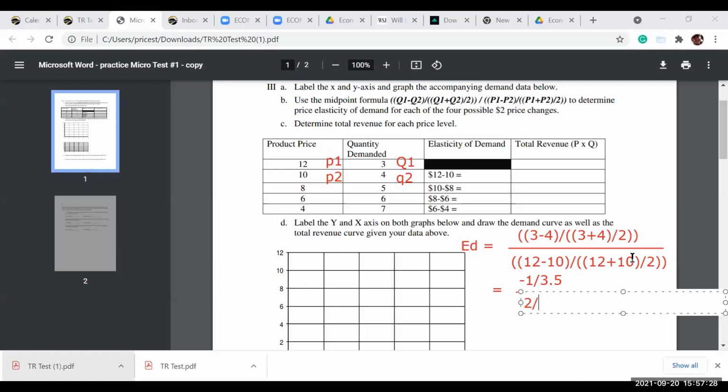So 22 divided by 2 is 11. Okay, so now do the division there to get our numerator and denominator. Use your cell phones, divide negative 1 by 3.5 and divide 2 by 11.